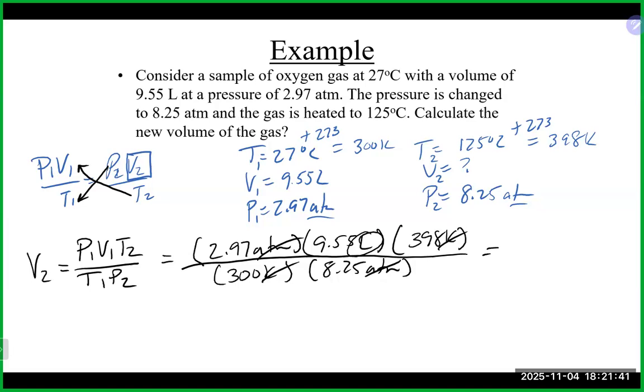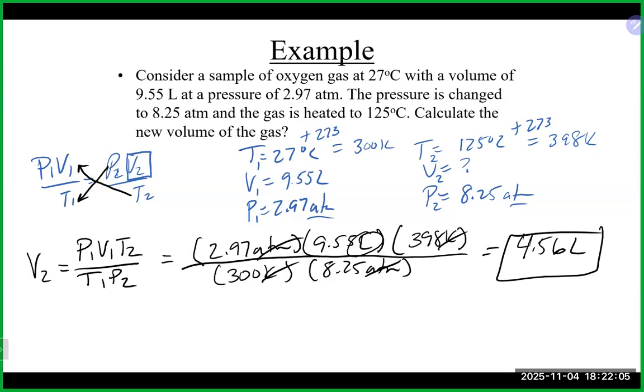Gonna leave us our answer here in liters. 2.97 times 9.55 times 398 divided by 300, divided by 8.25 equals, and that's going to give us a volume here of 4.56 liters in this case.